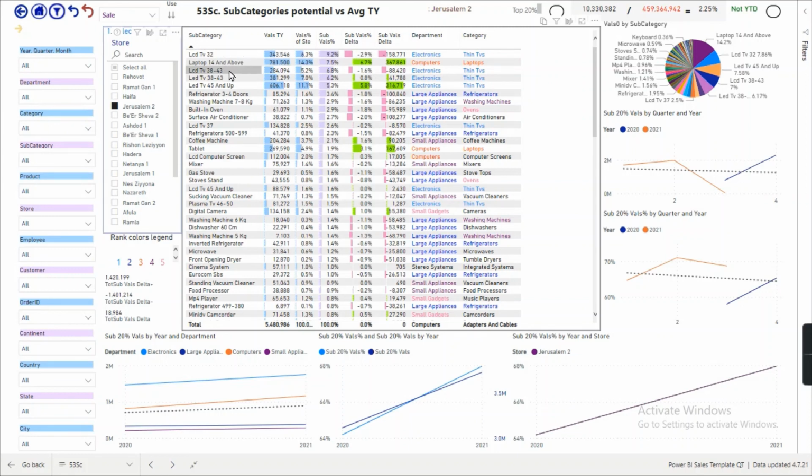Maybe it's a good thing to sell LEDs instead of LCD and large appliances. Okay, so we see they are focused on new technologies and doing well. Maybe that's a strategy that other stores can copy.